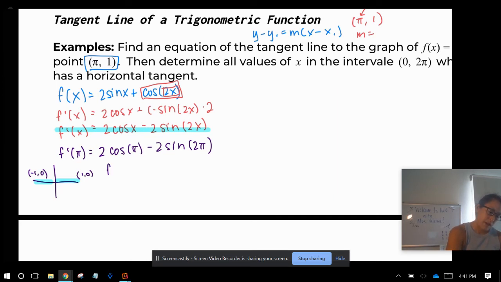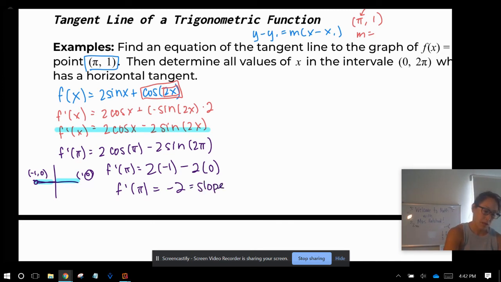So I have f prime of pi is equal to 2 times cosine of pi, which would be negative 1 because it's the x coordinate, minus 2 times the sine of 2 pi, which is my y coordinate, 0. So f prime of pi would give me a solid negative 2. This is also the slope at x equals pi.